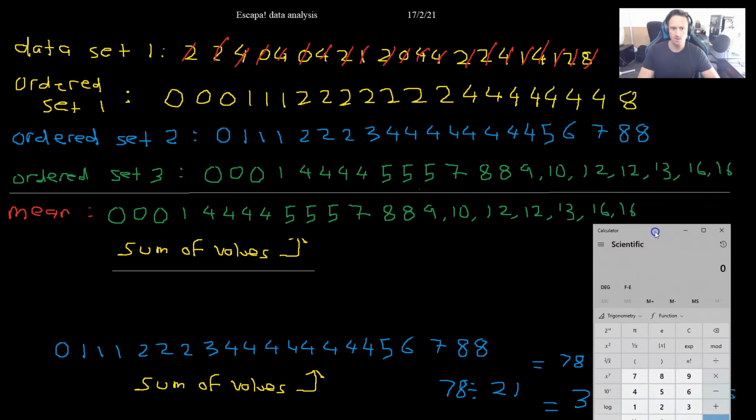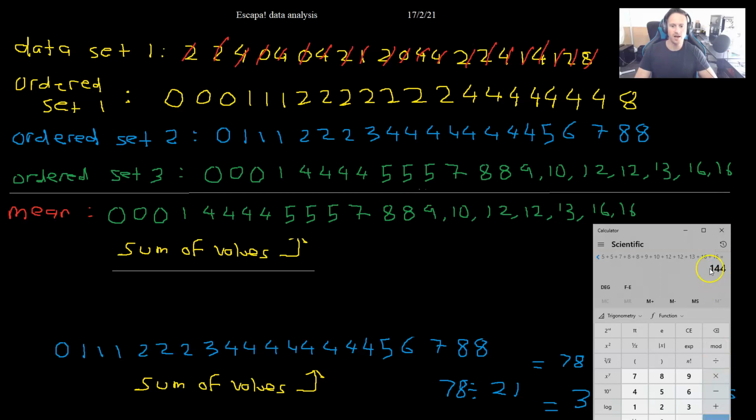So 1 plus, I've got 4 fours, 3 5s, 1 7, 2 8s, 1 9, a 10. And you can see I separated my 2-digit numbers by commas just to make it easier to read. And we get a 16.